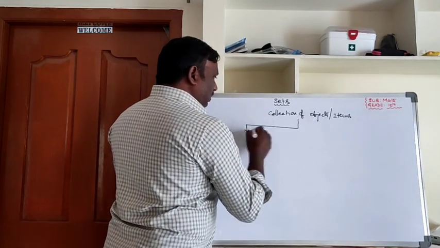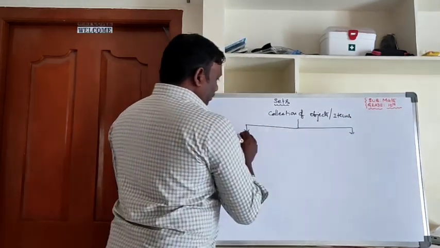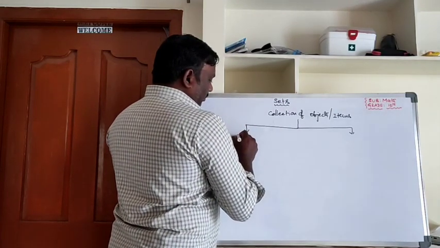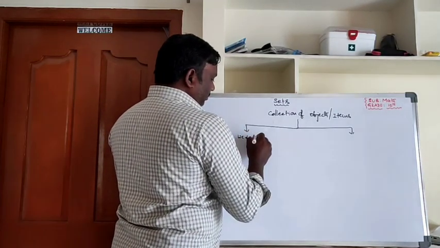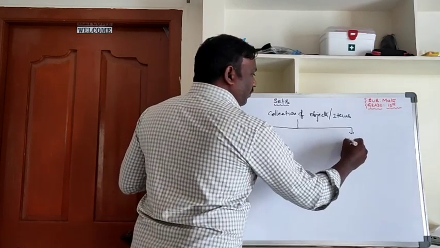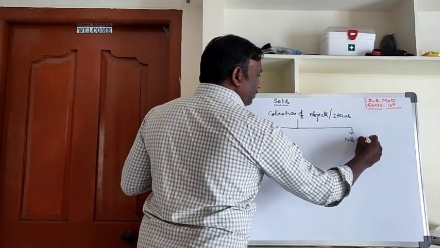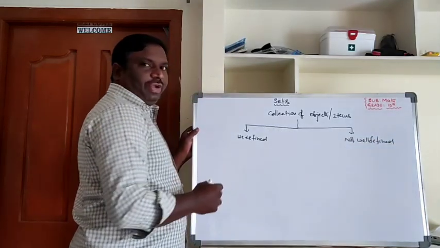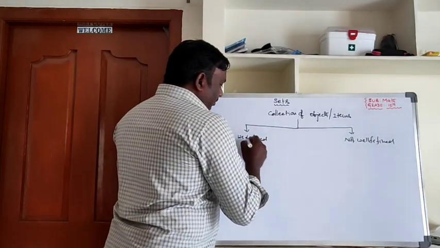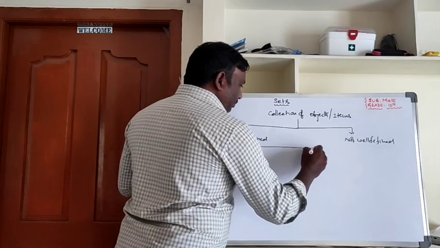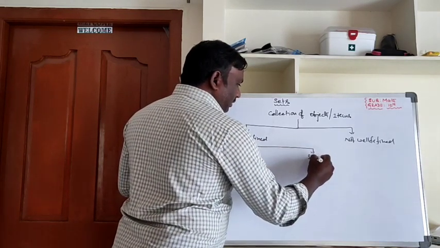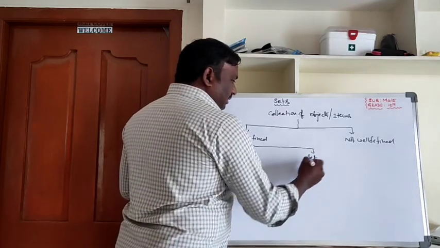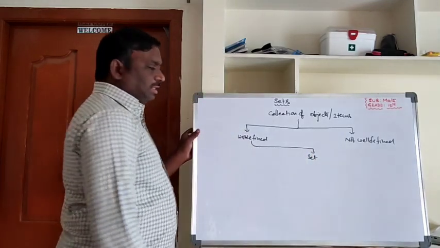So these collection are two types: well defined and not well defined. Again, well defined is called a set.